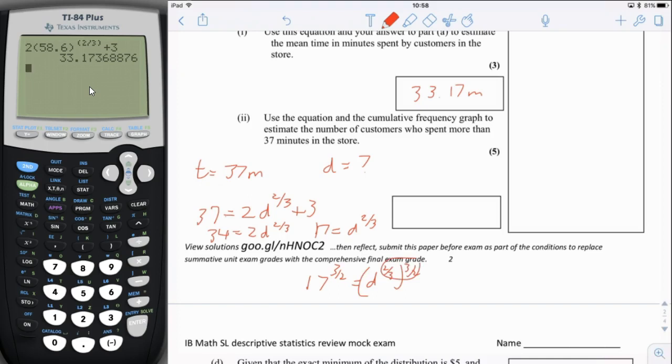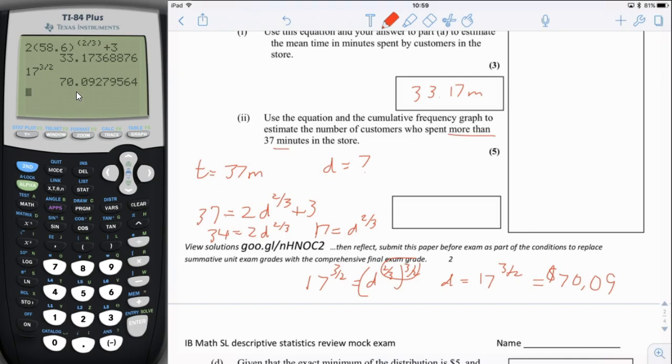So then you just have d is equal to 17 to the 3/2. You can find this here. I don't even need to put parentheses around it because they're both up there. 70.09. So the dollar amount is $70.09.